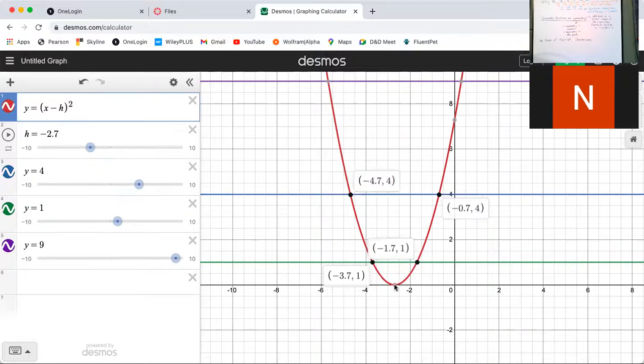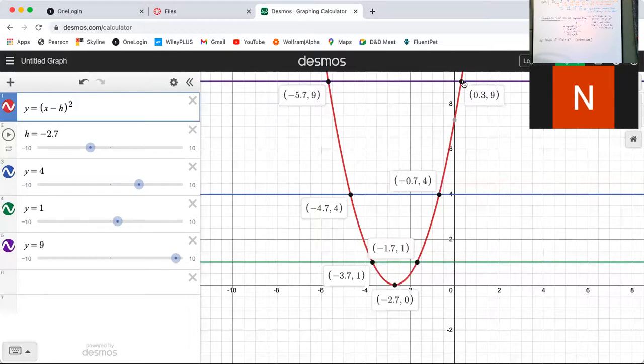So the middle is at negative 2.7, y is 1 at negative 3.7 and negative 1.7, 1 unit away from the middle. 2 units away from the middle will be at negative 4.7 and negative 0.7, and that's where we get 4. And then 3 units away from the middle, that's negative 5.7 and positive 0.3. So that's how the symmetry works.